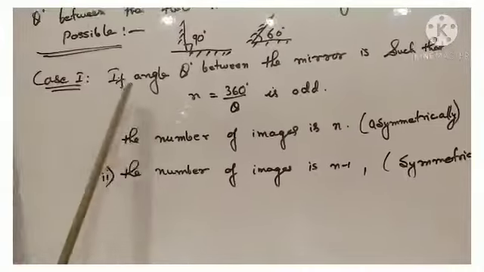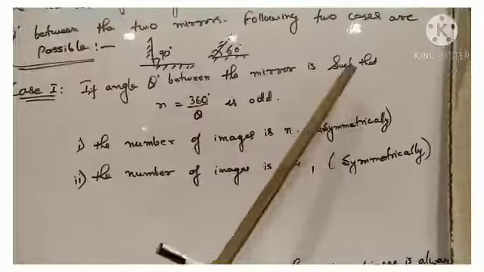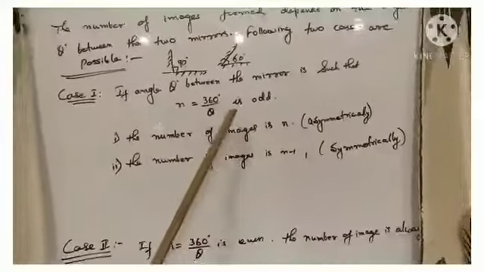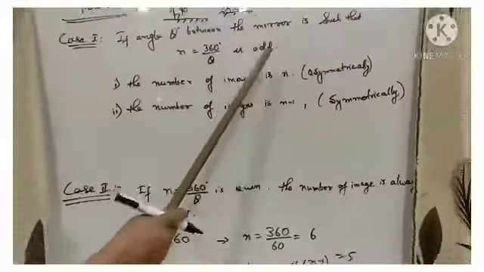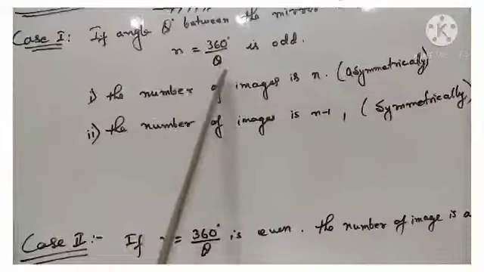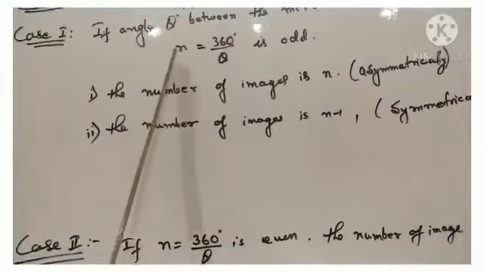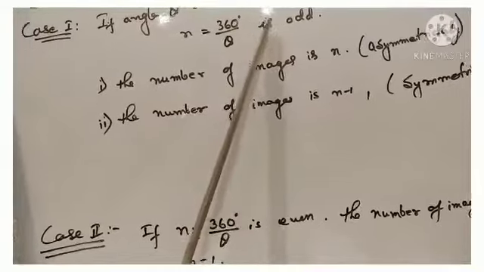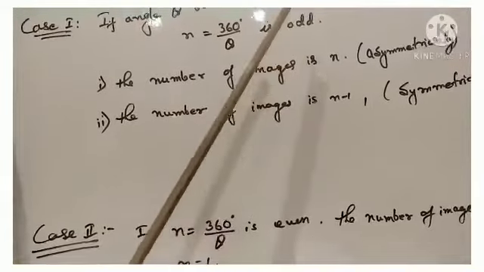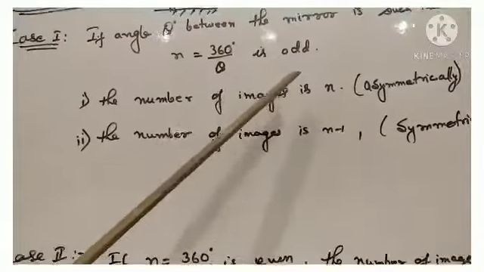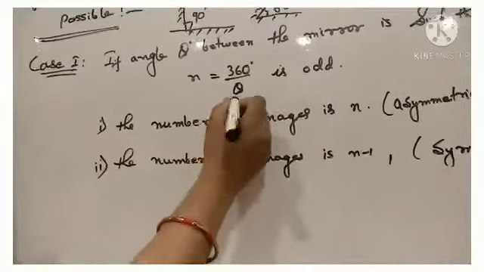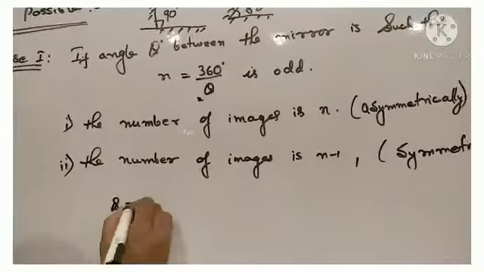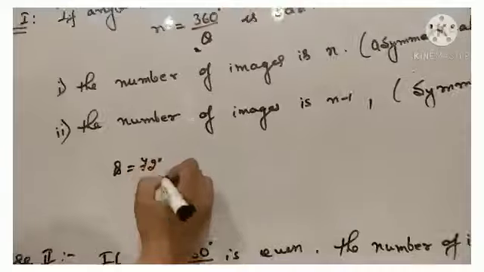First, if the angle between the mirrors is such that n equals 360 by theta is odd. This is the formula to calculate the number of images. Suppose theta is equal to 72 degree.